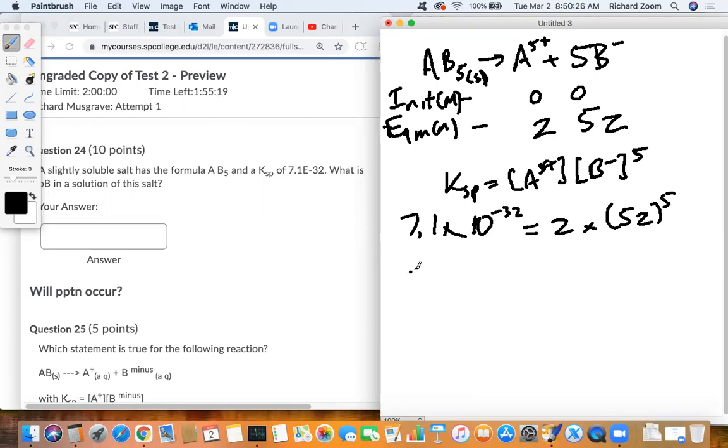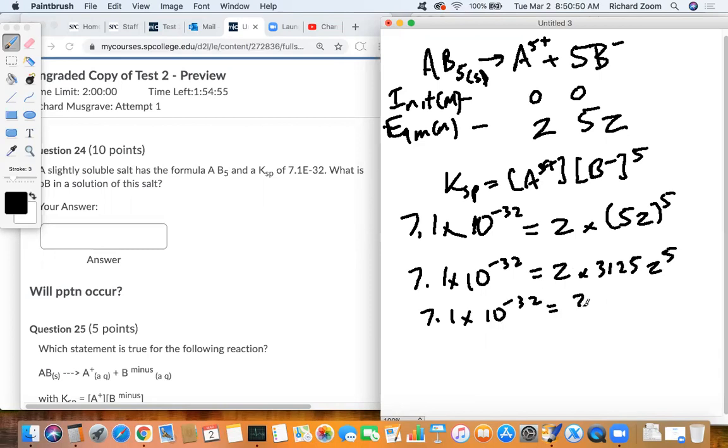And then we have to solve for Z. So 7.1 times 10 to the negative 32 is equal to Z times, I think it's 3125 times Z to the 5th, which means 7.1 times 10 to the negative 32 is equal to 3125 times Z to the 6th.